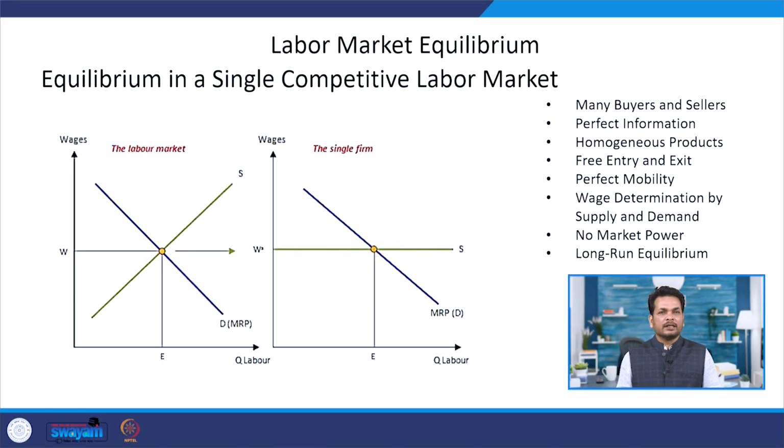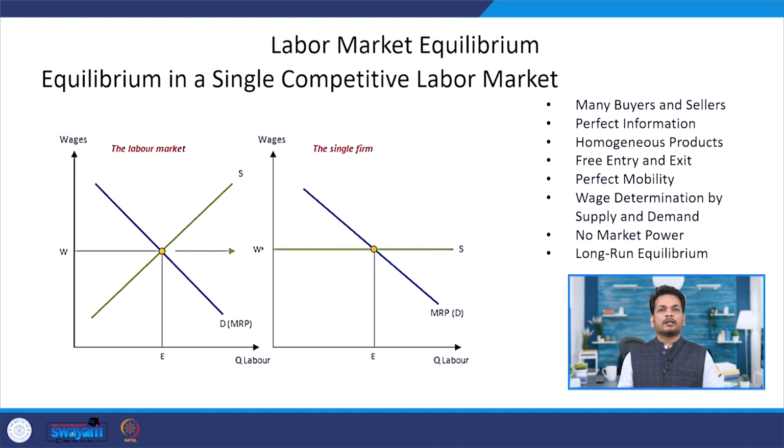When we try to understand how this equilibrium is achieved in a single competitive labor market, we have considered these properties of the labor market where there are a large number of buyers and sellers, perfect information is available, the jobs are homogeneous, there is free entry and free exit of the workers and the farms in the market, and there is perfect mobility among the workers in order to achieve the efficient allocation of resources.